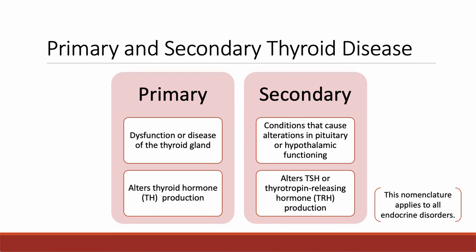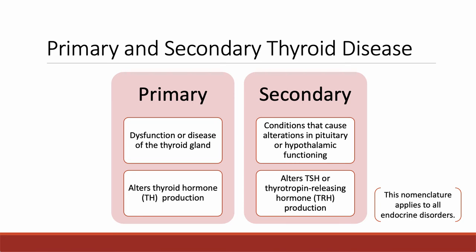Secondary conditions are where there's an alteration in the steps behind the actual production of the hormone. And that means, in this case, there's an alteration in TSH or TRH production. Okay? So primary means it has to do with the end gland that's producing the end result.